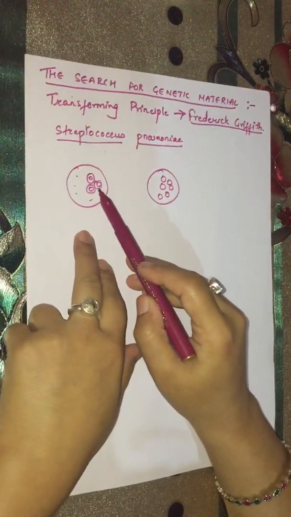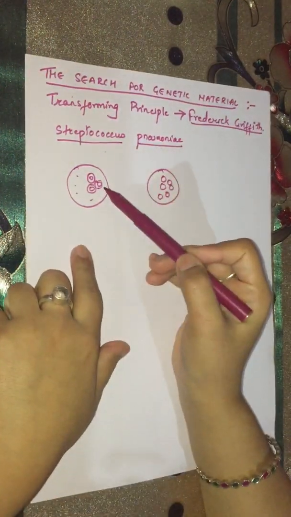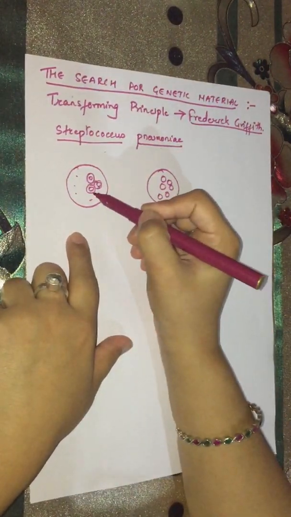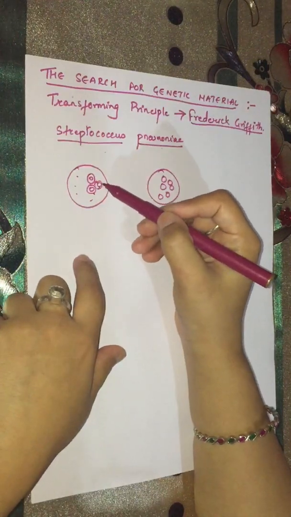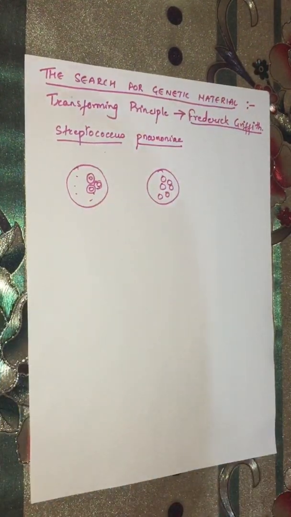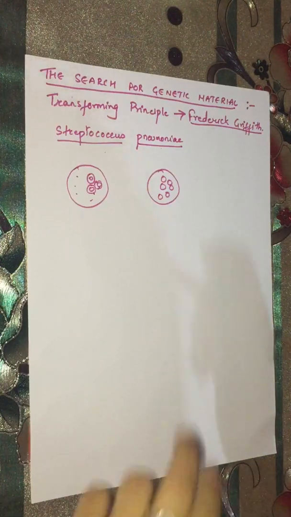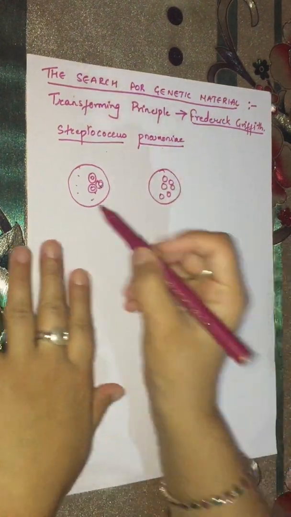Now these smooth colonies form because some of the Streptococcus pneumoniae produce a polysaccharide coat, which appears very fine and smooth, and gives that appearance of smooth and shine.